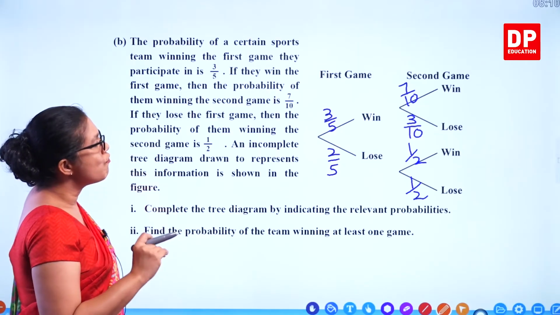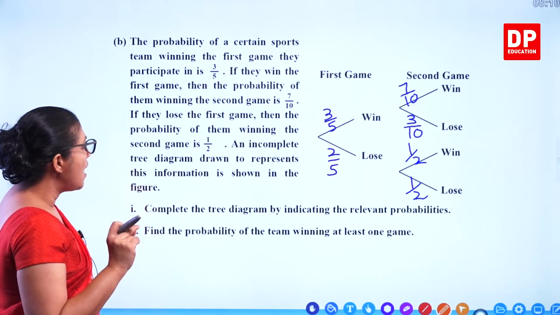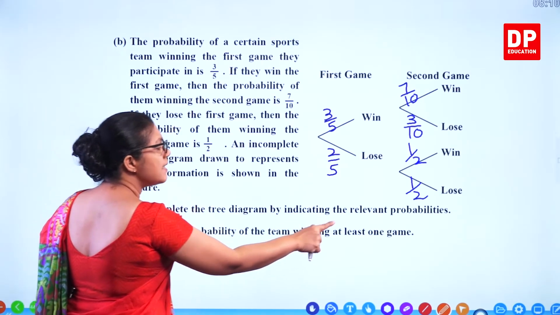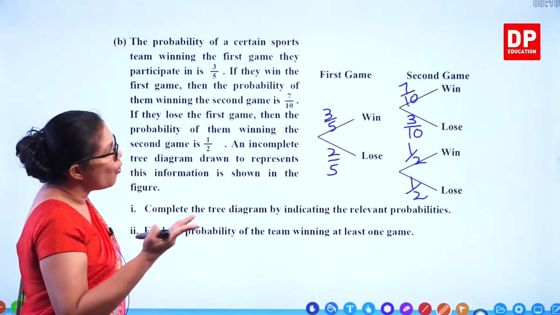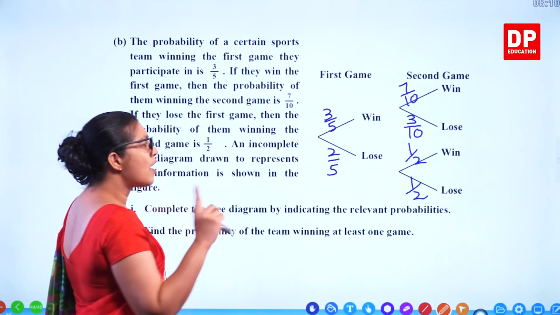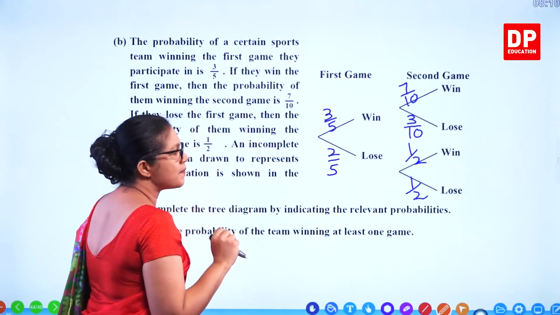So this is the full tree diagram. And now we need to identify the appropriate path for winning at least one game. So what are the possibilities? Both winning or one chance of winning. But you can't take this branch, losing both games.